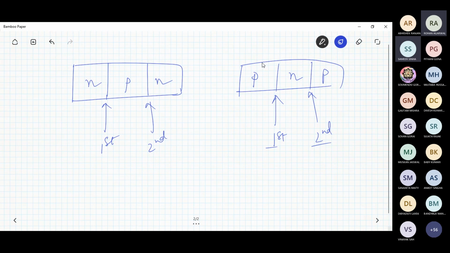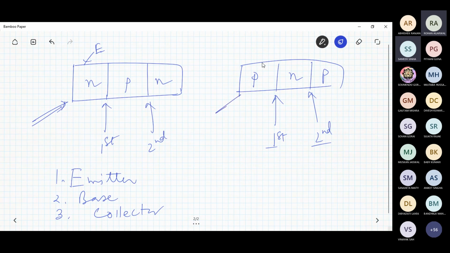It has essentially three regions. One is called the emitter, the second is called the base, and the third is called the collector. If I mark it this way, this is called an NPN transistor, and this is called a PNP transistor, depending on the configuration of the junctions.